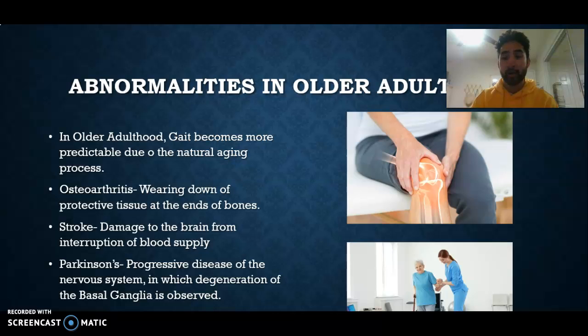Stroke is another disorder that causes changes in gait. A stroke is basically damage to the brain from interruption of blood supply. Parkinson's is a big thing that changes the gait. Parkinson's is a progressive disease of the nervous system in which degeneration of the basal ganglia is observed.